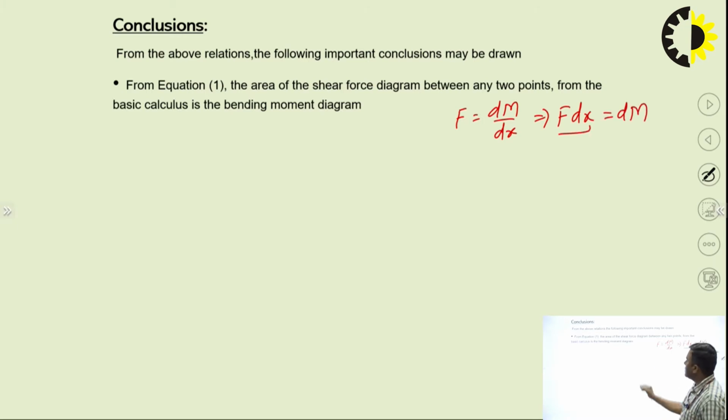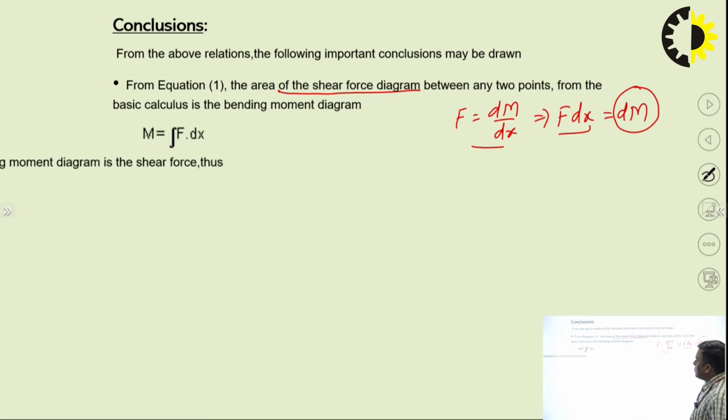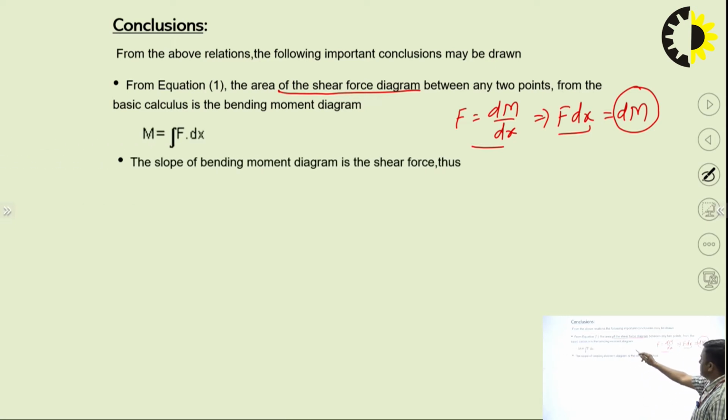F into dx is the area of the shear force diagram between 2 points where the bending moment is changing by dM amount. So this is the first conclusion which we can make with the relation F equals dM over dx. So M equals the integration of F dx. This is the area.